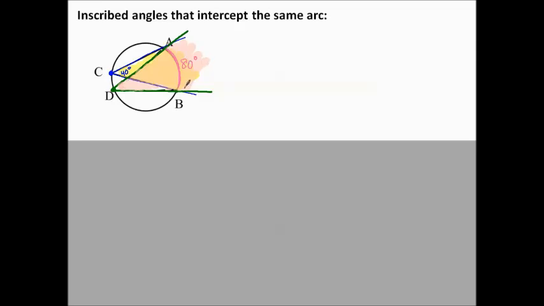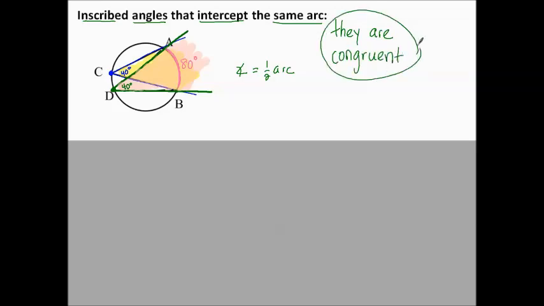Well, if the arc is 80 degrees, it's still true that angle equals half of arc. So this is still 40 degrees. The point is, if inscribed angles intercept the same arc, then they are congruent. So easy, they're the same.